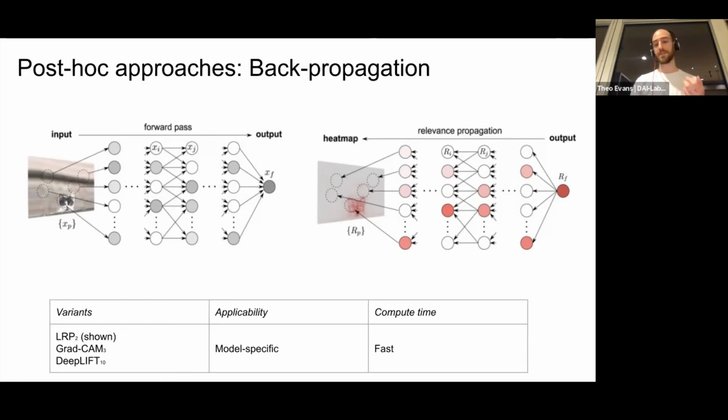And this is a case where, in theory, this approach can be applied to a very large class of learned models. But in practice, to implement this theory, we need to have access to the internal weights of the model. So the implementation with this is highly model specific. If we want to use this on a new model, we have to build a new back-propagation implementation.